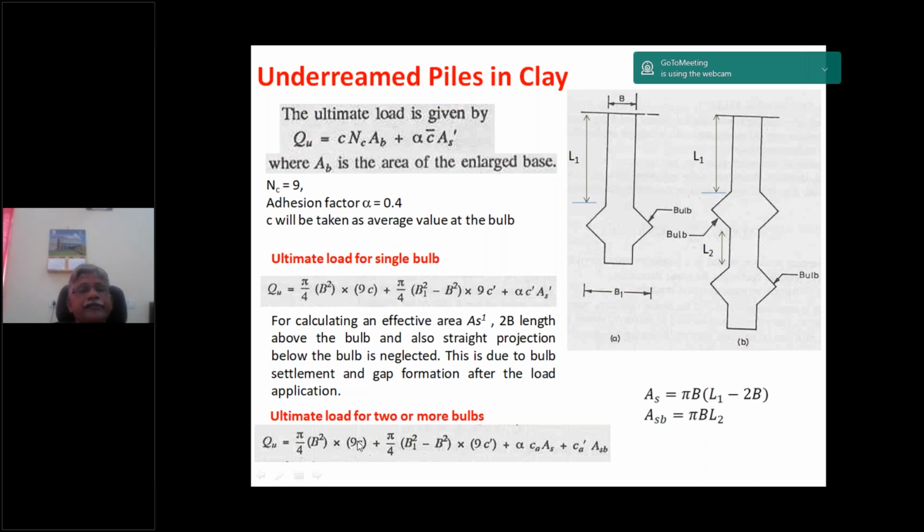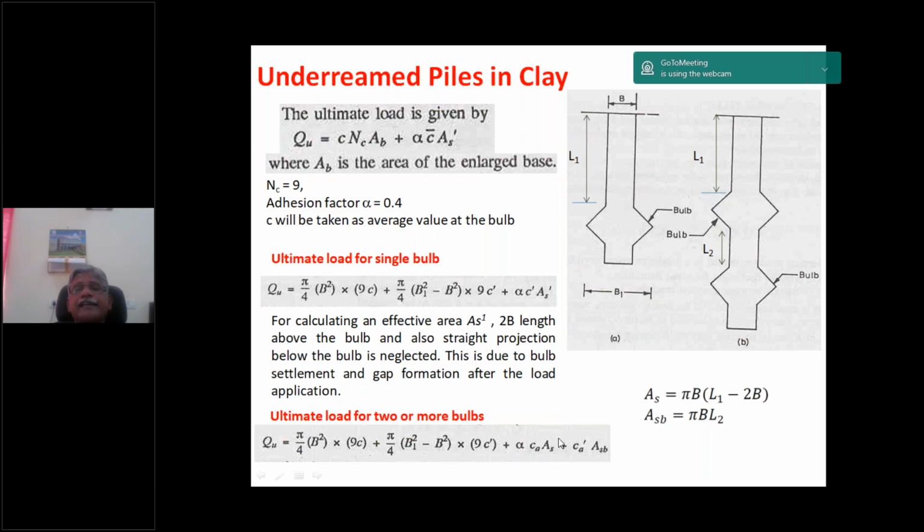For the ultimate load for two or more bulbs, the formula is as follows: pi by 4 B squared into 9c plus pi by 4 (B1 squared minus B squared). B is the straight shaft diameter and B1 is the bulb diameter. Then alpha Ca As plus Ca dash Asb.